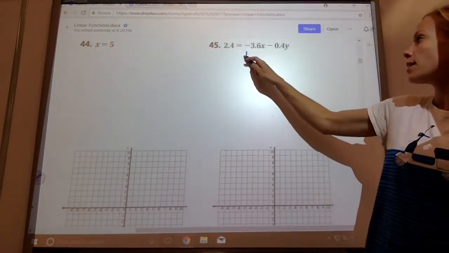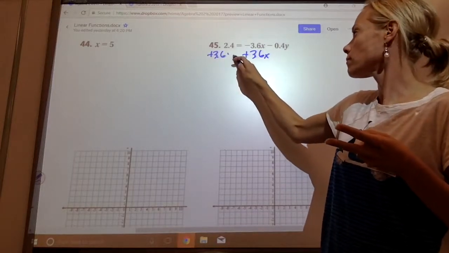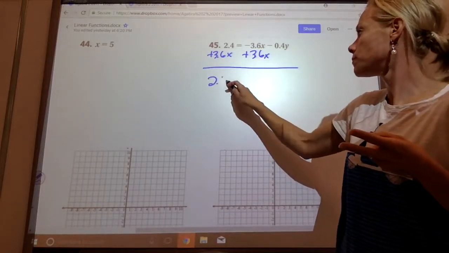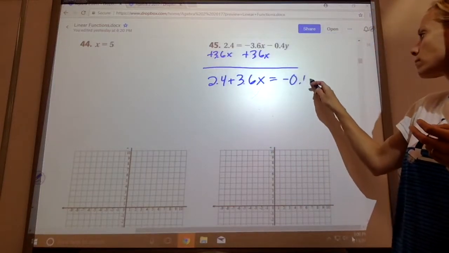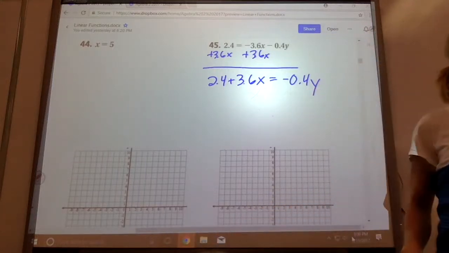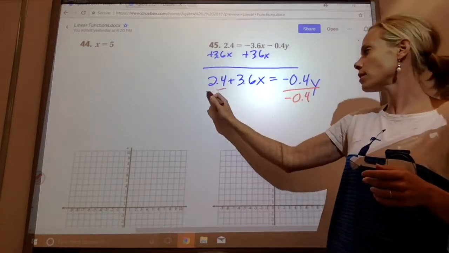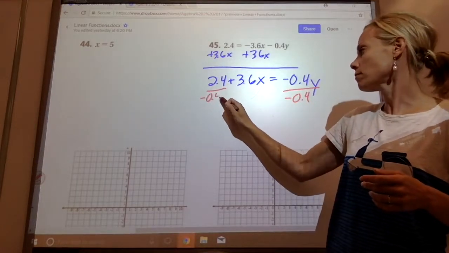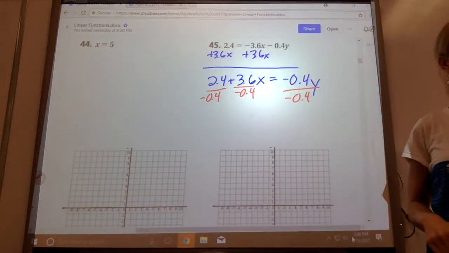You're going to add the x term, and then divide by the number in front of y. Okay, and this is where you're going to need a calculator. And that's okay. You can use a calculator.